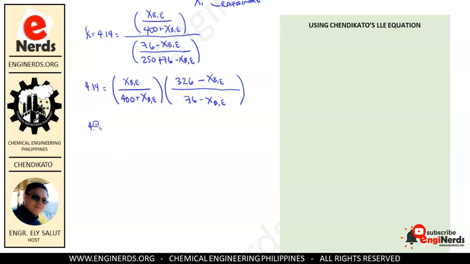So we have here 4.14 is equal to XBE times 326, we have 326 XBE minus XBE squared over 400 times 76, we have 30,400, minus 400 times negative XBE, so this is minus 400 XBE.